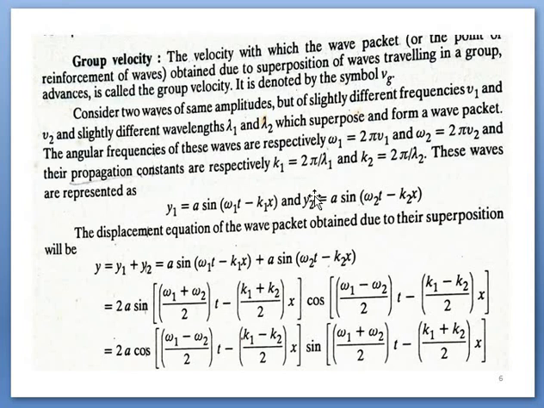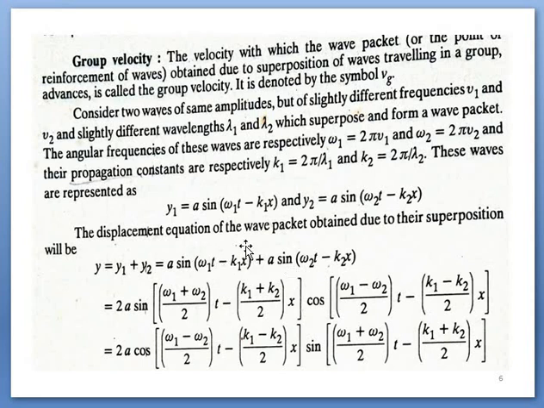So these represent the displacement equations of the individual waves. After superposition, we have the resultant displacement equal to the sum of the displacements of the respective waves. Substituting the values, we know that the first term is a trigonometric function of sine, and the second one also belongs to sine.